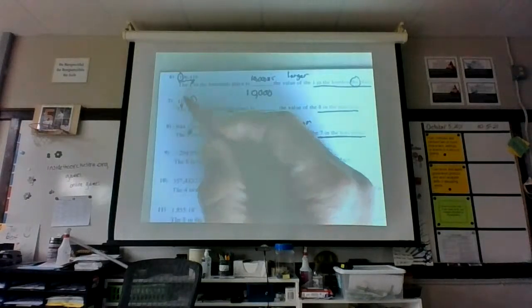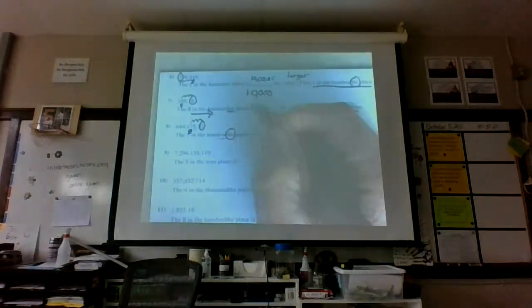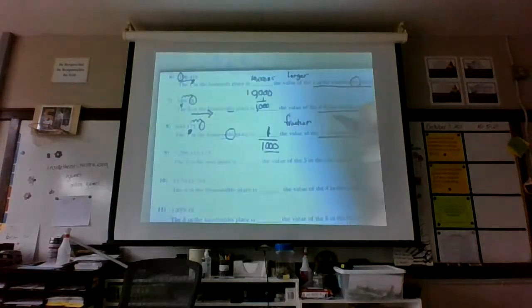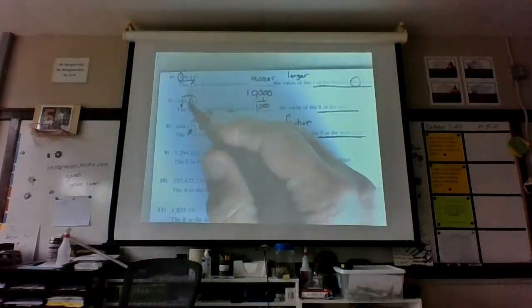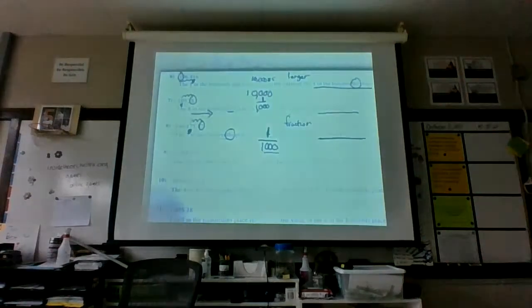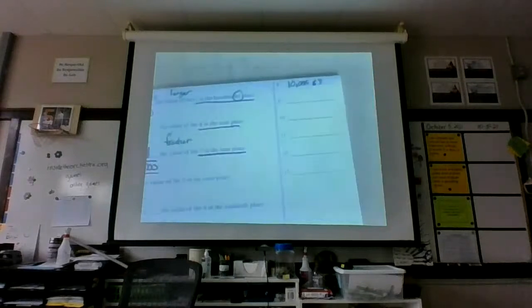So to get from here to there, I have to go 1, 2, 3 place values. So we're going to have another answer where it's 1/1000th the value. And we know that because we had to move to the right, that's going to be a fraction.